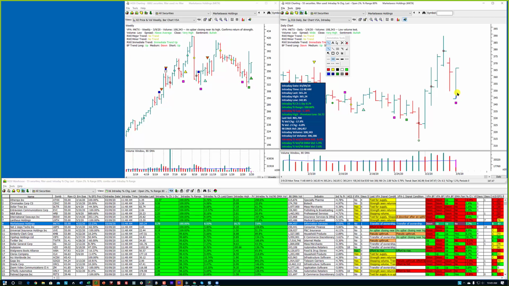And as I scroll up, here's 2.1%. Right there, Paul. If you look down here, 2.1% is right here. That's where it would have appeared in this scan. Okay?